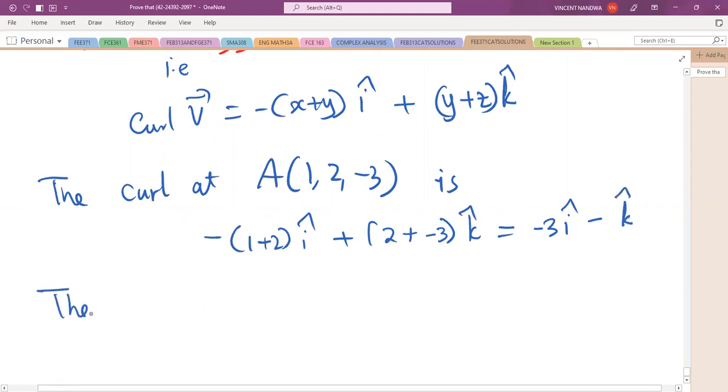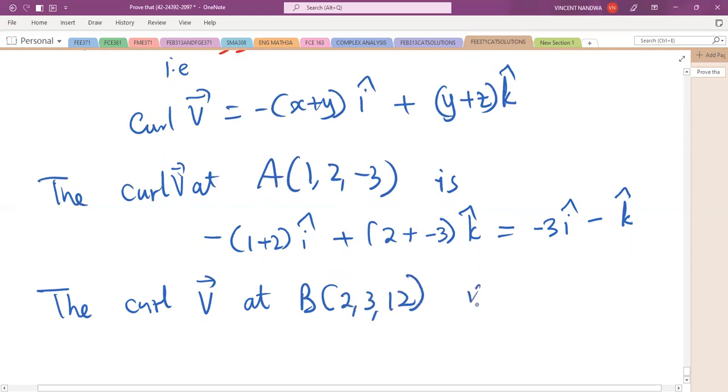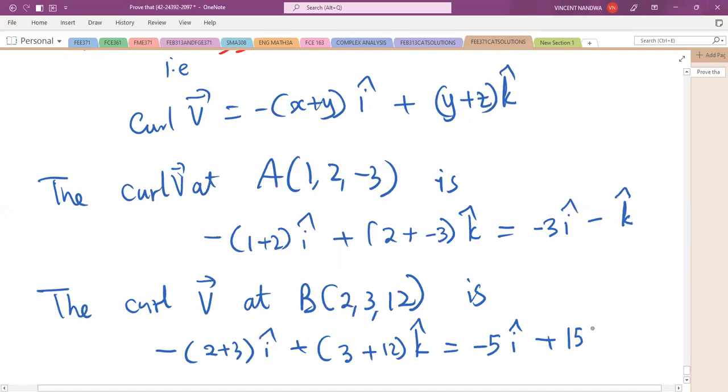And then the curl of V at the point B, whose coordinates are 2, 3, 12, is, so we'll have negative 2 plus 3 i plus 3 plus 12 k, which will give us minus 5i plus 15k.